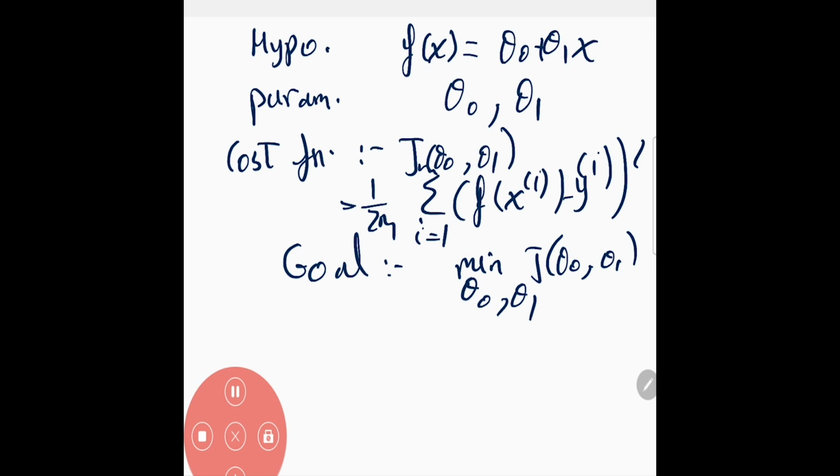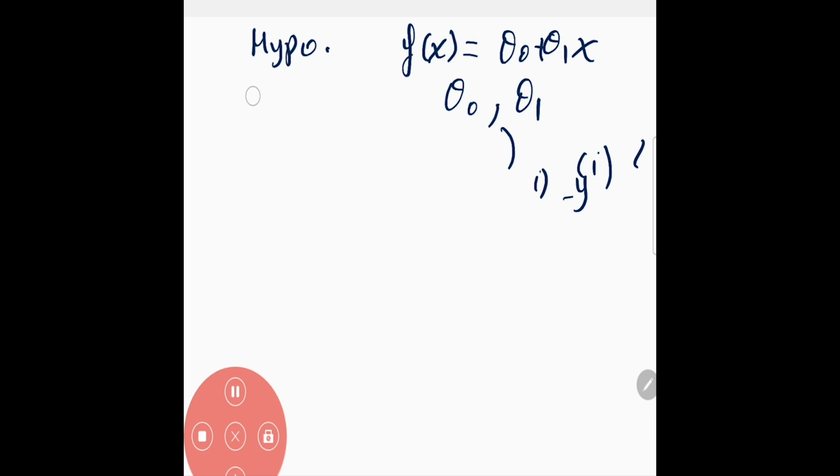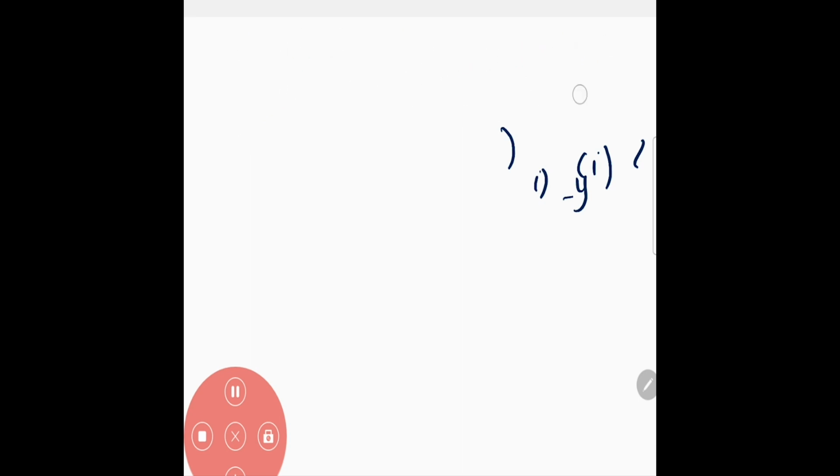Here we need to explain a concept or a method called gradient descent. So what we need to do here is to assume that we have some initial parameters, theta 0 and theta 1, that have been selected randomly. That means I don't really know what the correct values of theta 0 and theta 1 are, but I'll just start with some random values for theta 0 and theta 1.